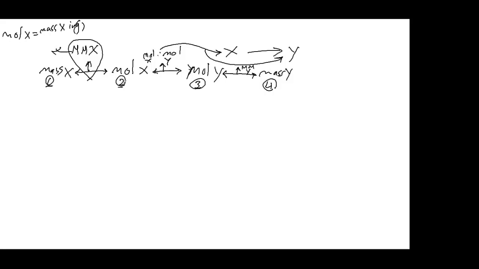If you want to go from 2 to 3, you will use the mole to mole ratio between X and Y. If you want to go from 3 to 4, you will use the molar mass of Y. So using this map will help you a lot. Let's practice with this example.